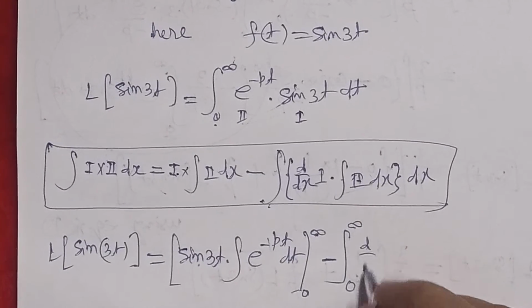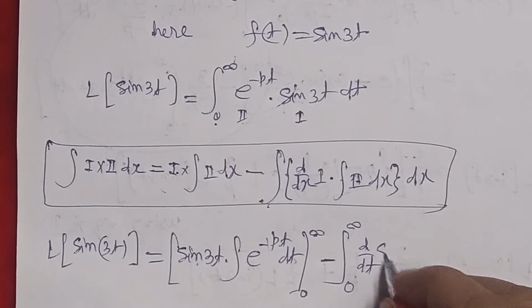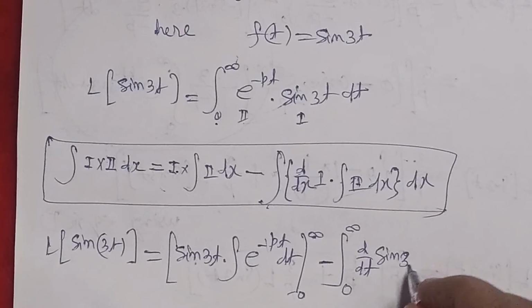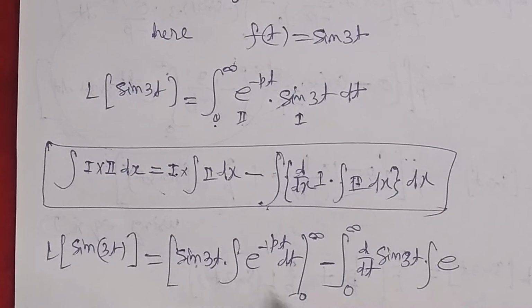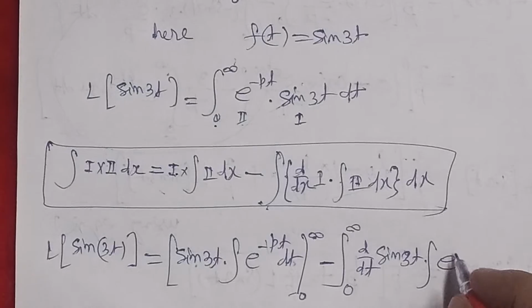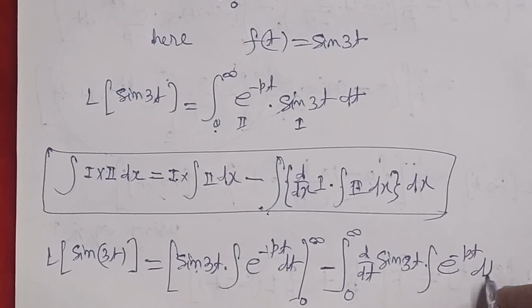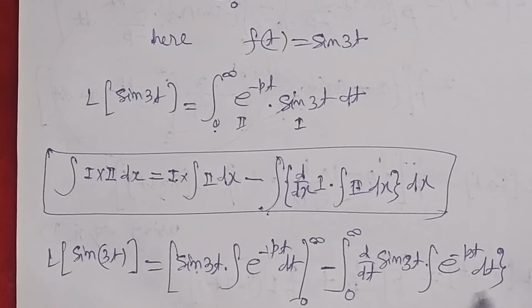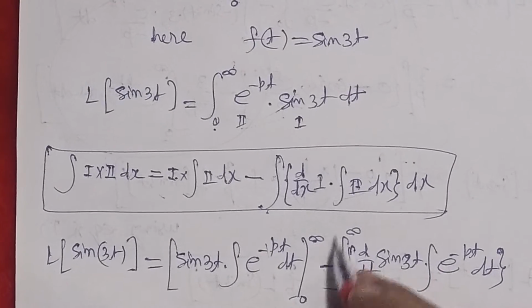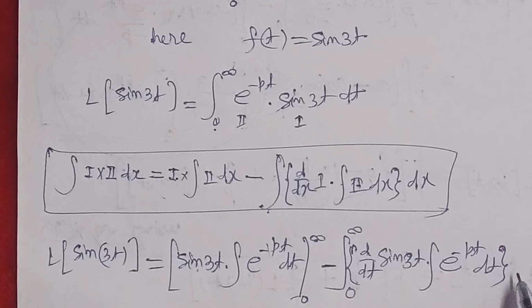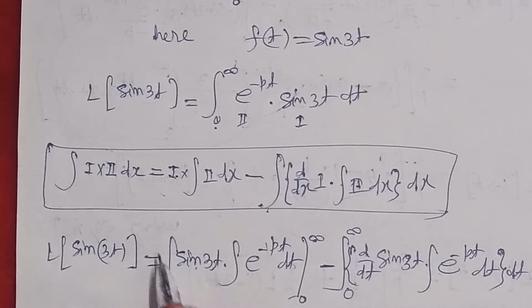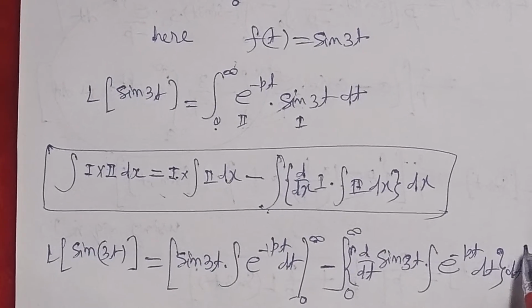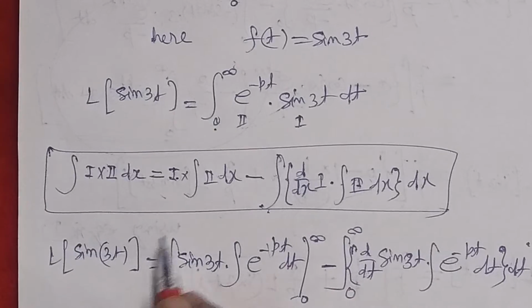Differentiation of first function, here first function is sine 3t, and integration of second function, which is e to the power minus pt dt, and multiplying this value we again integrate. This bracket is closed here.